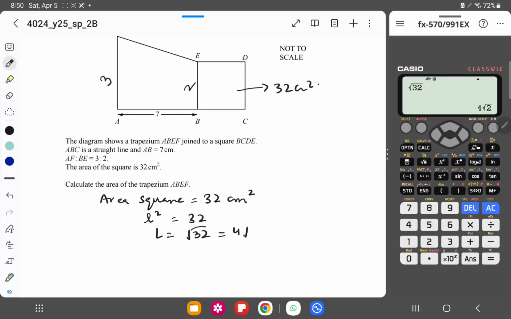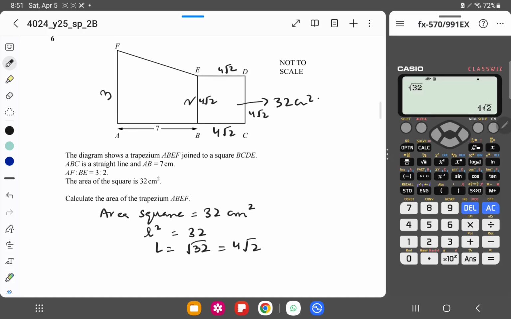It's better for us to write it in this form, so that for the rest of the calculation we get a more accurate answer. So each side is 4 square root 2, and the other parallel line is 3 times.